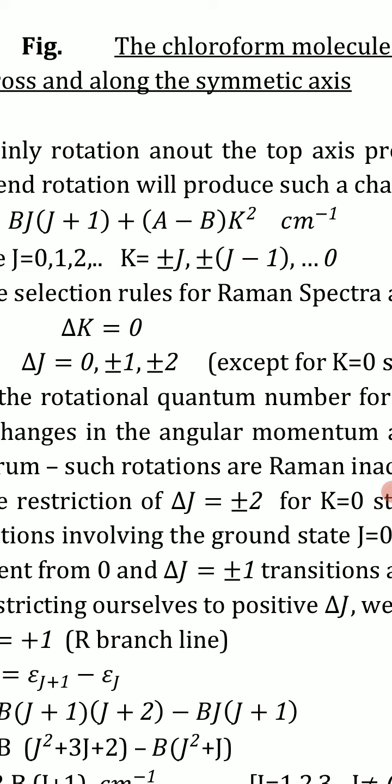So values of K will be plus 1, 0 and minus 1. If J is 2, then values of K are between plus 2 and minus 2, that are plus 2, plus 1, 0, minus 1, minus 2. So values of K are from plus J to minus J with a difference of 1. So these values are plus minus J, J minus 1, and so on up to 0.